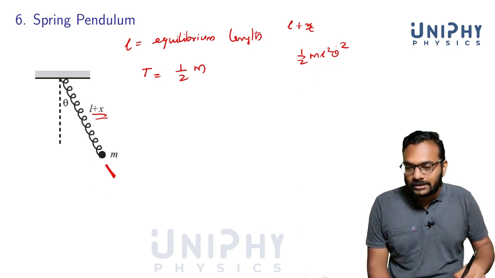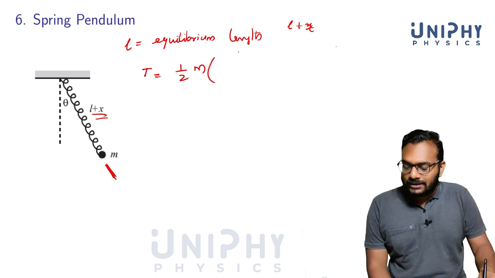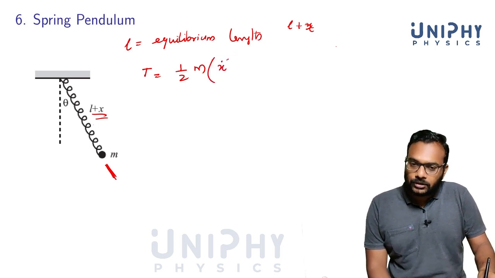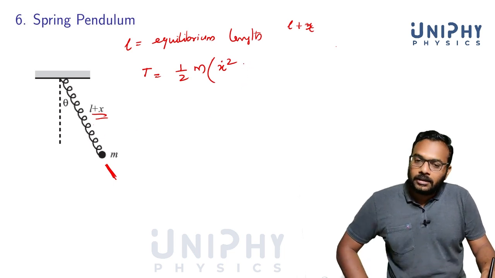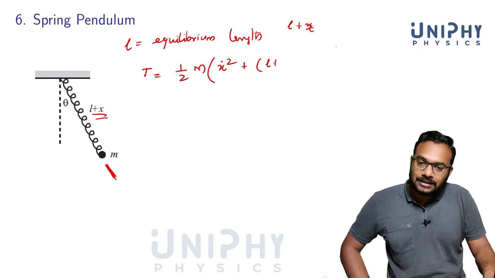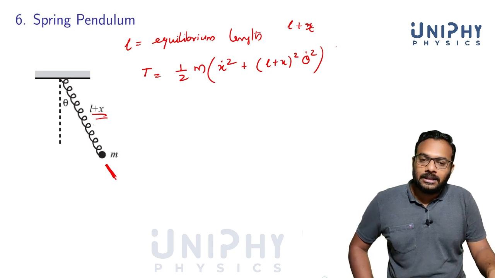So you have to be a bit more careful. T is half m times the radial component, which is simply x dot square because L is a constant, plus the tangential component, which is L plus x whole square theta dot square.